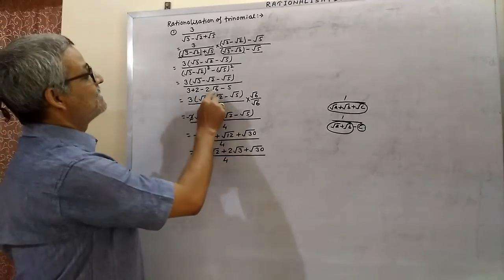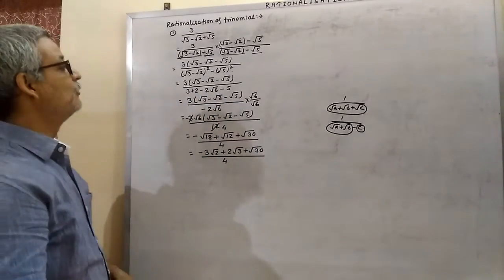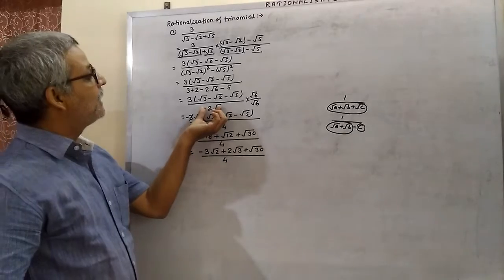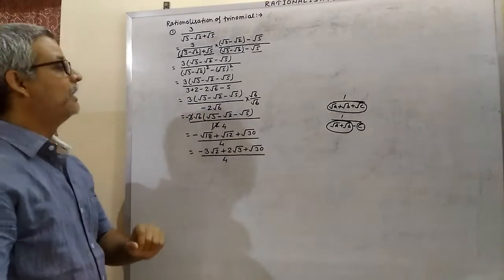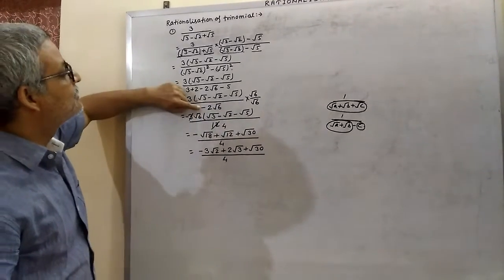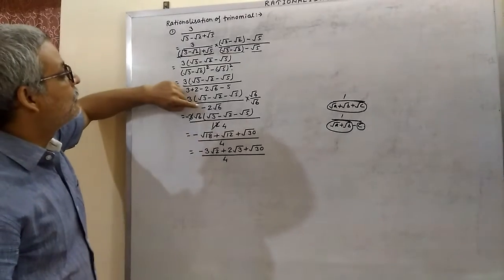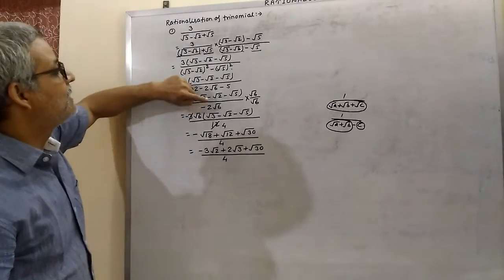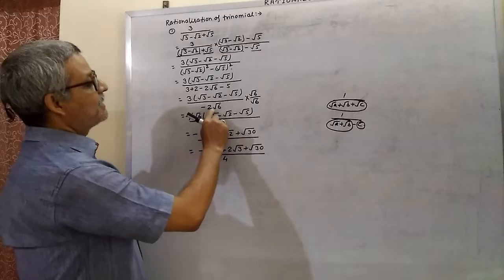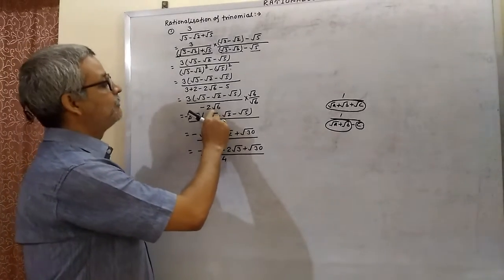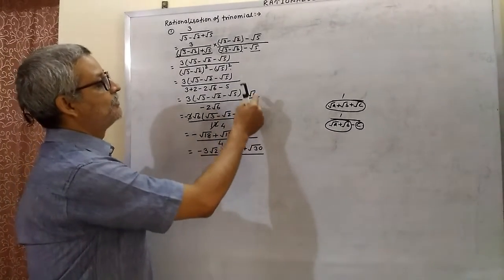Sometimes when we rationalize the denominator of a trinomial the first time, then again in the denominator we will get a binomial, and sometimes it becomes a monomial. So now here a monomial remains, minus 2 root 6. If it remains a monomial, then we multiply with the monomial root 6.